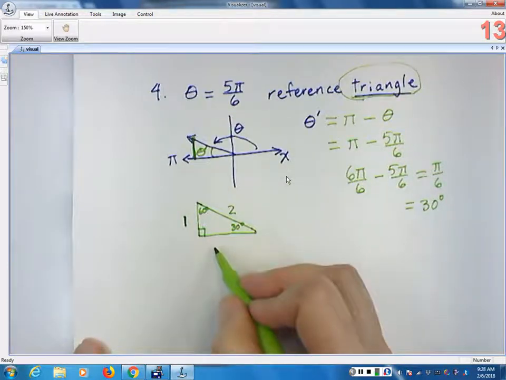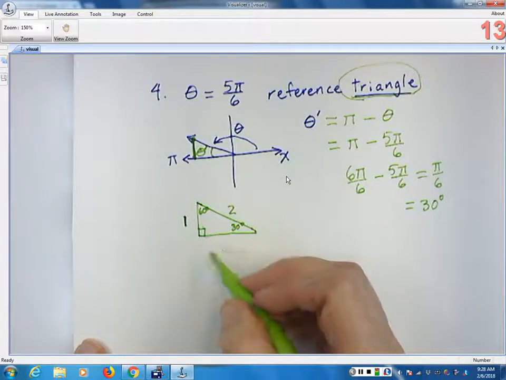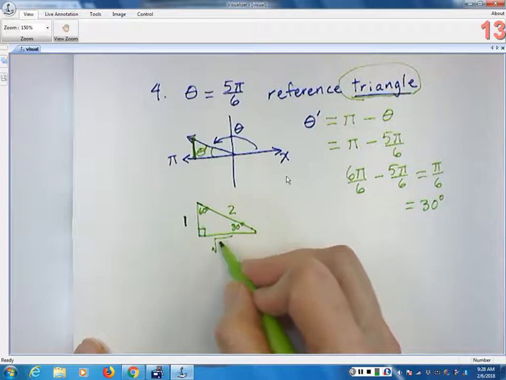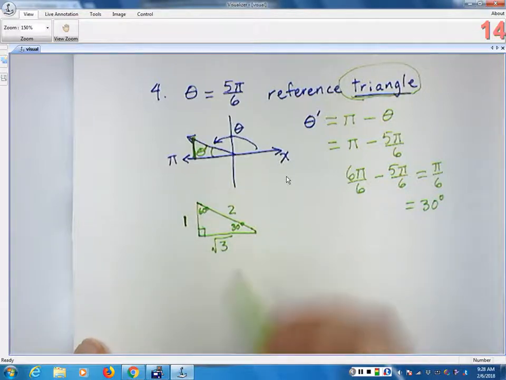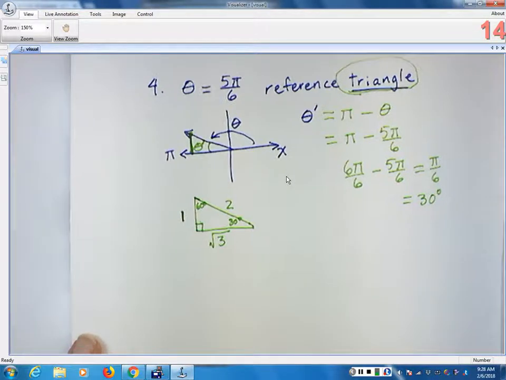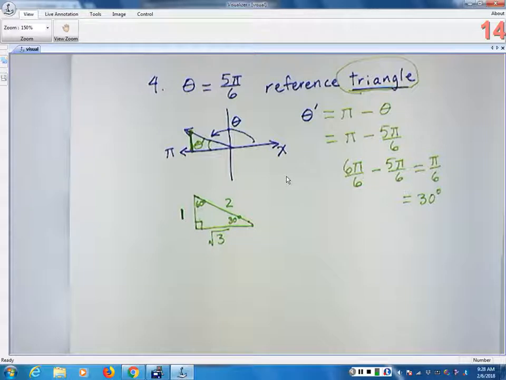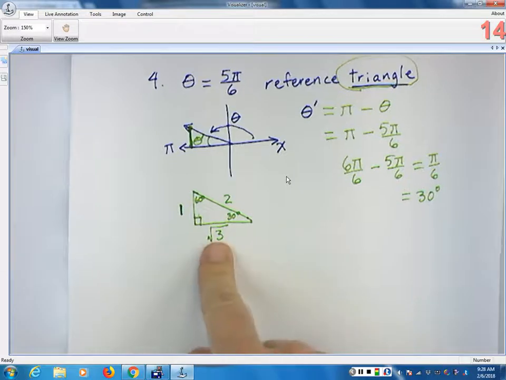And then if you don't have it memorized, you can solve for this side, the square root of 3. You got it. Okay? I mean, where we use the Pythagorean theorem. You could use the Pythagorean theorem, but this is one of the standard triangles you should have memorized.